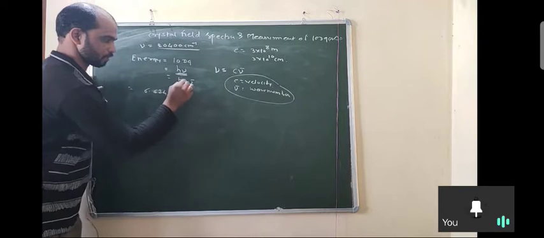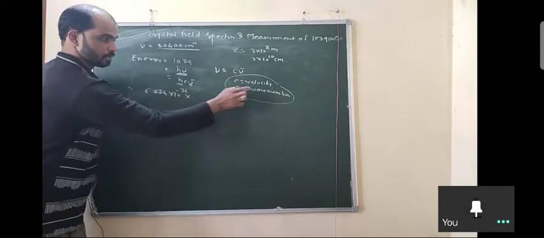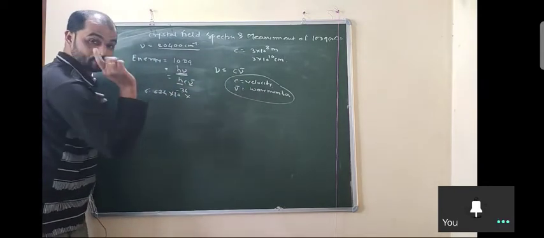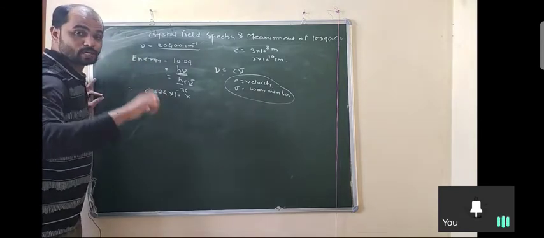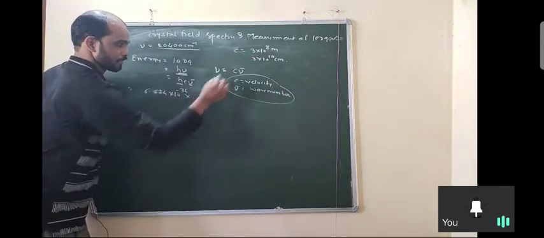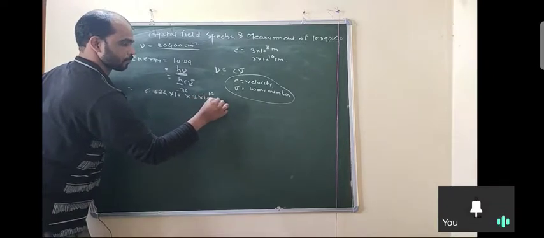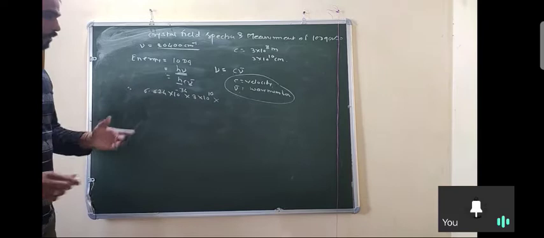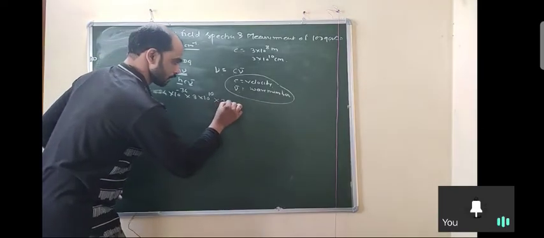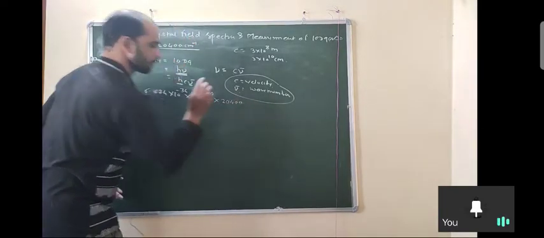So what is the value of c we use here? The wave number, which is considered as the frequency we are going to calculate, is in per centimeter, that's why we consider centimeter. So 3 into 10 raised to 10 into the wave number given to you, which is 20,400.